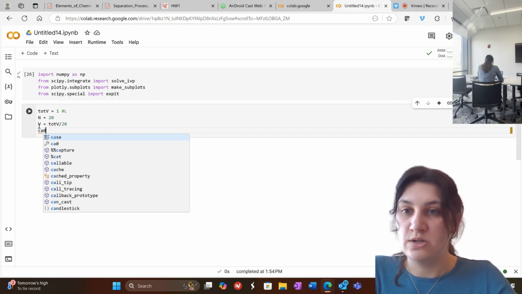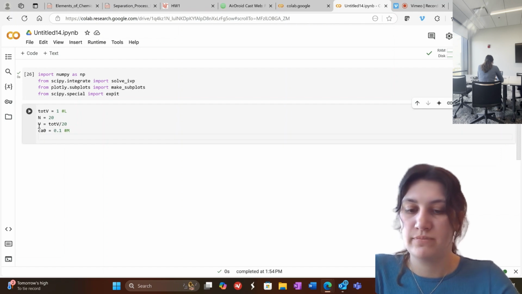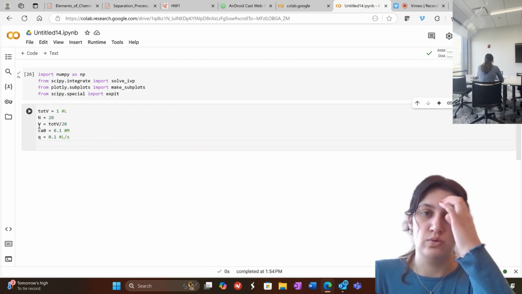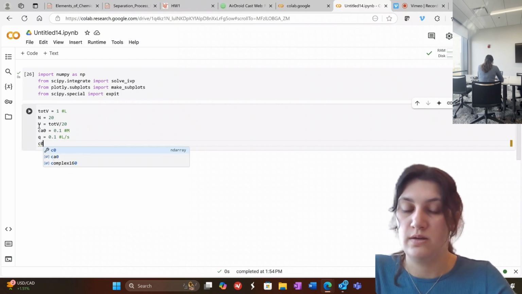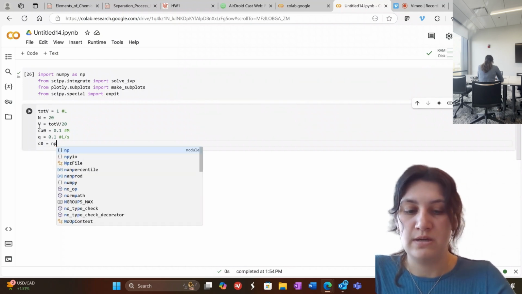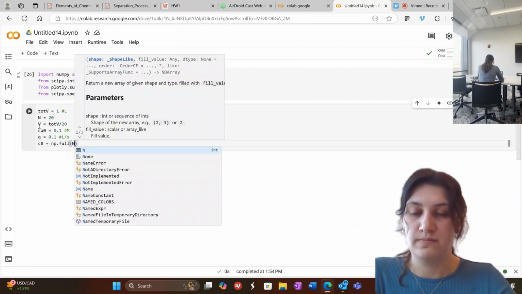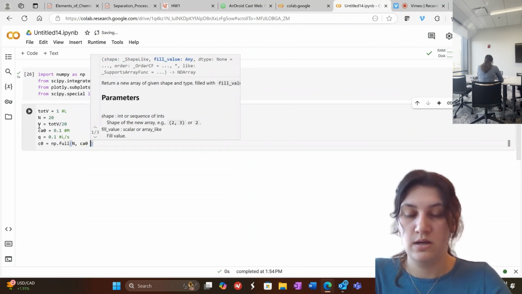We know that the initial concentration is 0.1 m, and we know that the flow rate is 0.1 liters per second. Now we also want to establish the initial concentration of each individual tank. So C0 is equal to np.full, and the number that we have is N. We want to set it to the initial concentration, just Cin0.